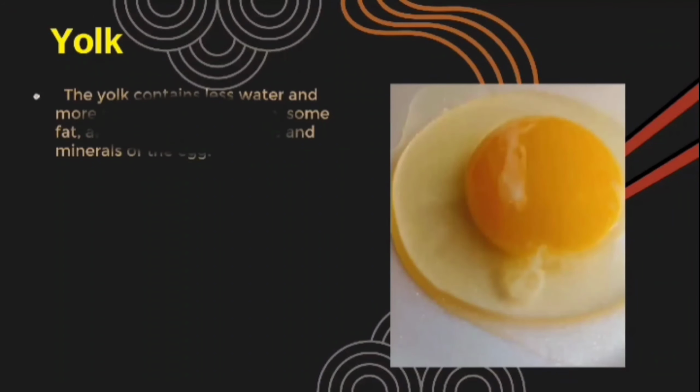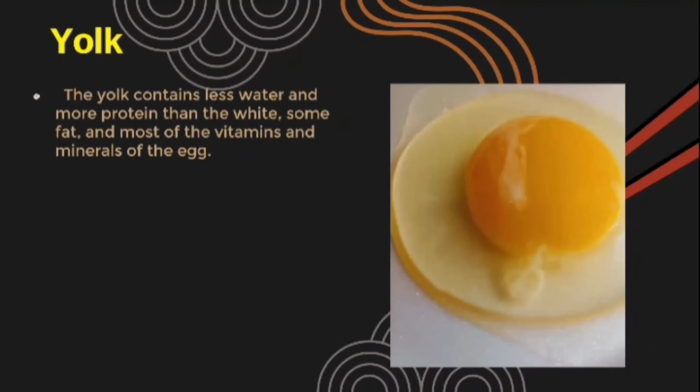Okay. The yolk contains less water and more protein than the white, some fat, and most of the vitamins, minerals of eggs. Okay, alam mo ba na ang itlog hindi siya masama sa katawan. Iniiwasan to ng may mga sakit sa puso, mga mataas ang kolesterol, pero talaga ang itlog ay madaming vitamina na binibigay sa ating katawan.